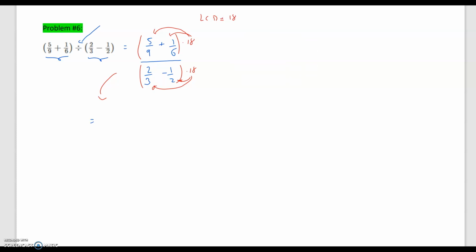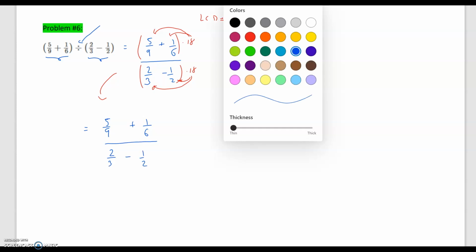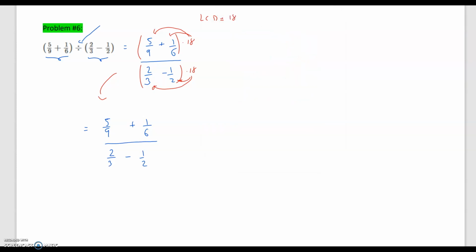So in this case, we're looking at 5 9ths plus 1/6 over 2/3 minus 1/2, and then every one of these values gets multiplied by 18.